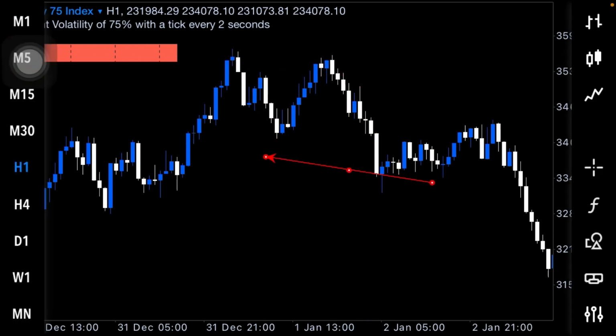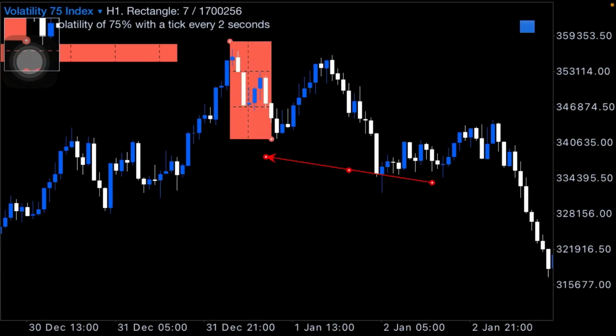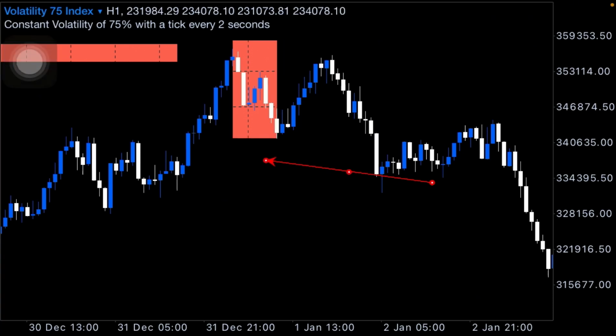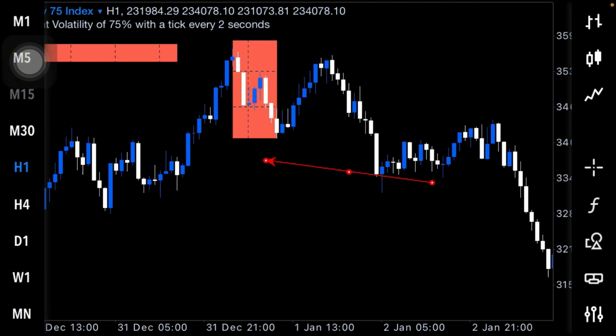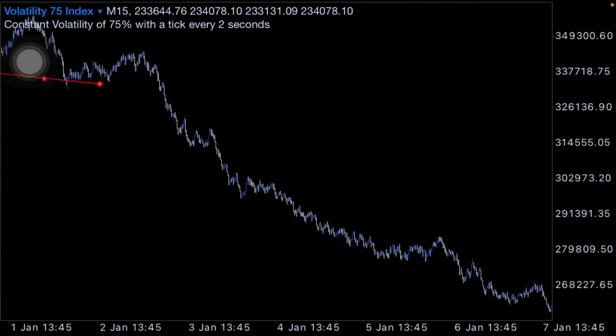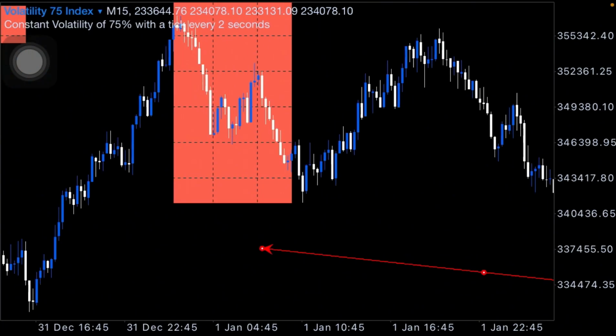We are going to mark out this area with a rectangle. Just pull it and sketch it down like this. Then you scale down to the lower time frame. In my case, I'm going to scale down to the 15 minutes time frame.